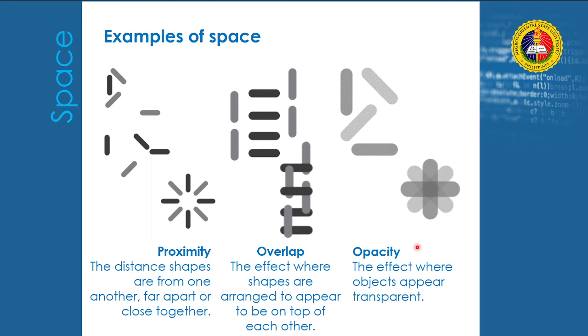If two objects are set to 50% opacity and then overlap, what will happen? Anybody? An idea?